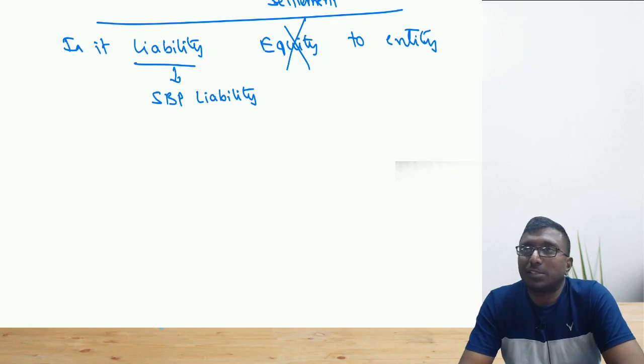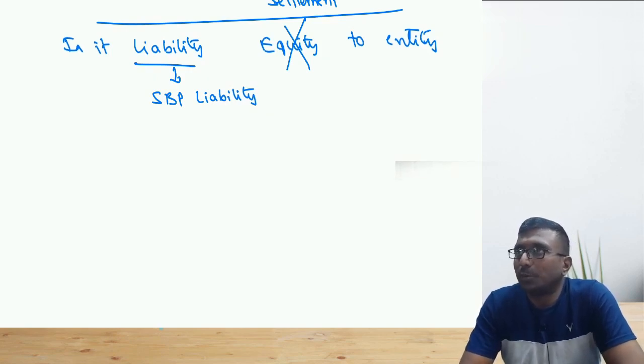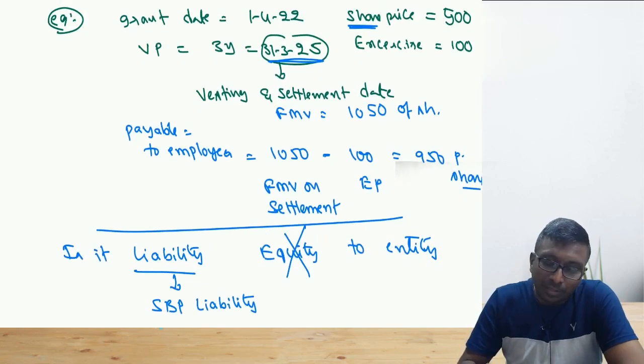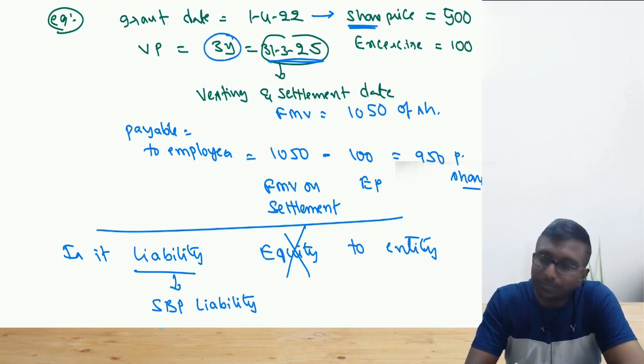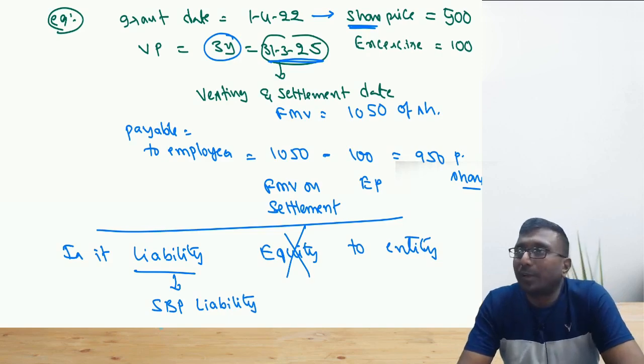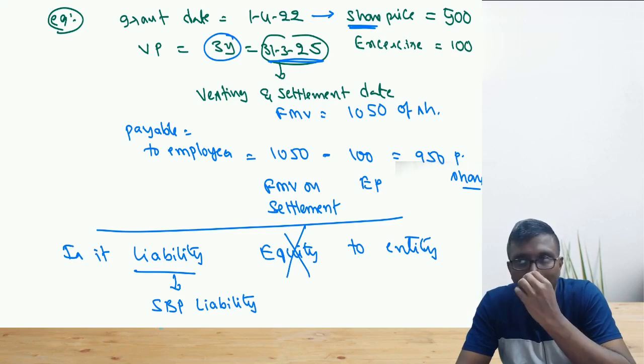But here what happens? Understand it simply; observe and apply your brain. In this example, the grant date share price is 500 and the total period is 3 years. On the grant date, if I paid, I would have paid 500 minus 100, that is 400.